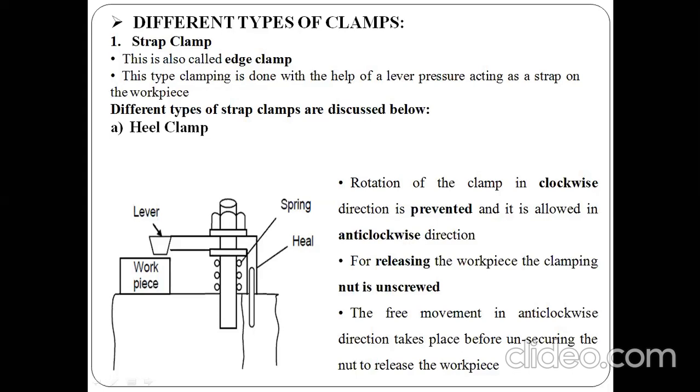So for application of pressure, this spring and nut arrangement is provided. The rotation of the clamp in clockwise direction is prevented and it is allowed in anti-clockwise direction. For releasing the workpiece, the clamping nut is unscrewed to remove the workpiece from this location, and free movement in anti-clockwise direction takes place before unscrewing the nut to release the workpiece.